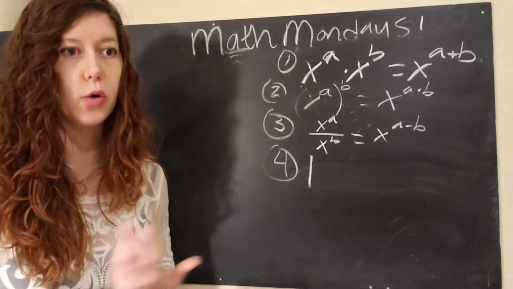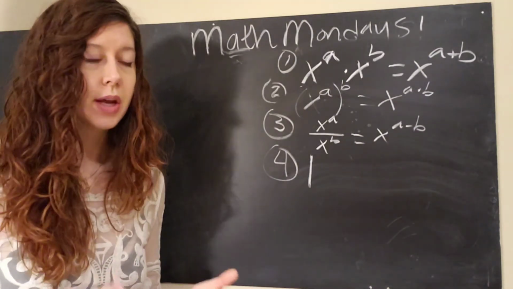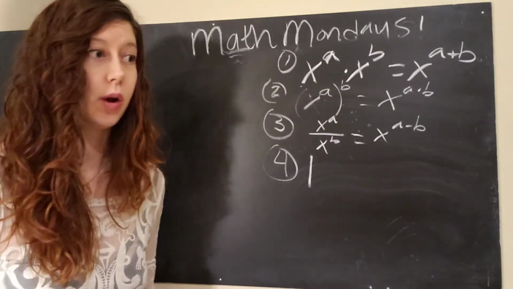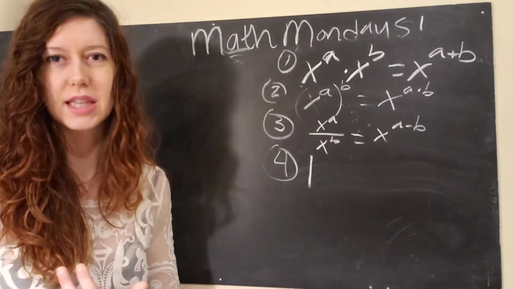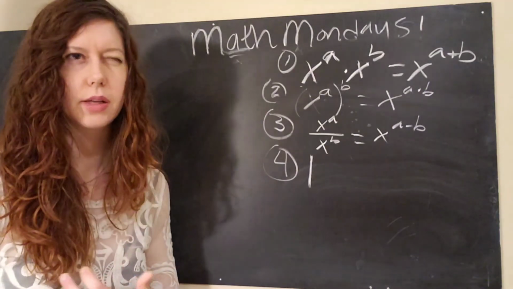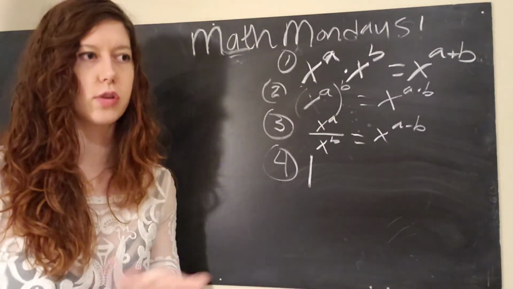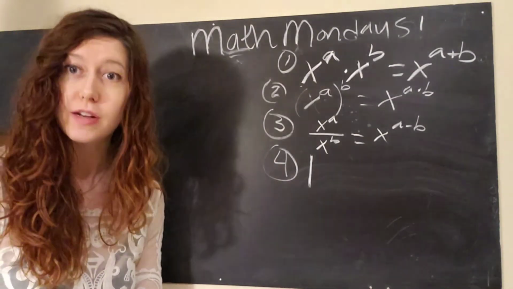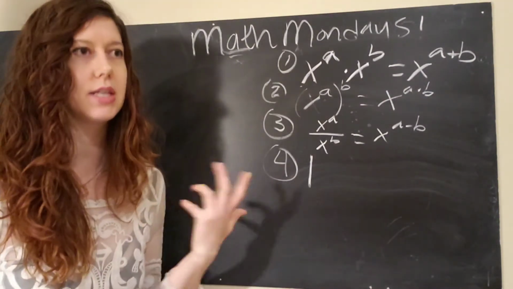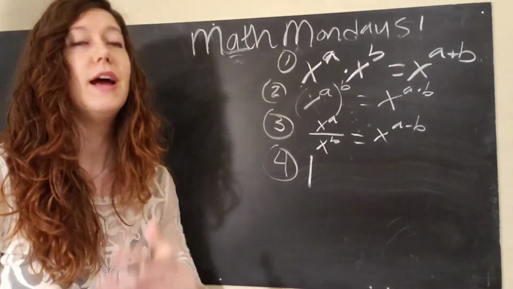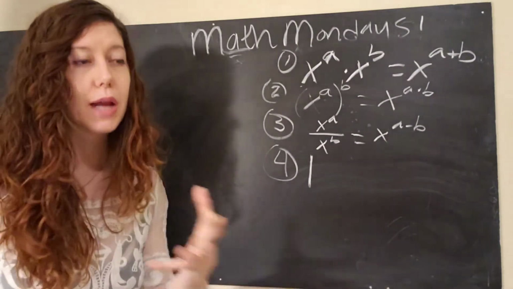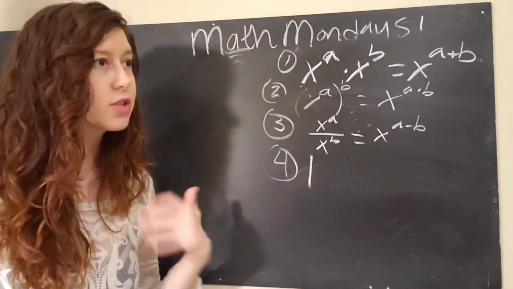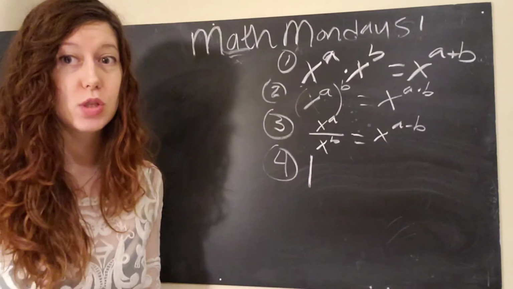And when he rewrote it, keeping both sides the same, there was this new field that popped up and did exactly what he wanted it to. And there are a few folks that did this back in the 60s. Recently, they were awarded the Nobel Prize after the Higgs boson was actually detected by the Large Hadron Collider in Geneva, Switzerland. Anyway, that's an aside to say that there is real physical information that we can pull out of equations by rewriting them in different ways. So this trick is super useful.